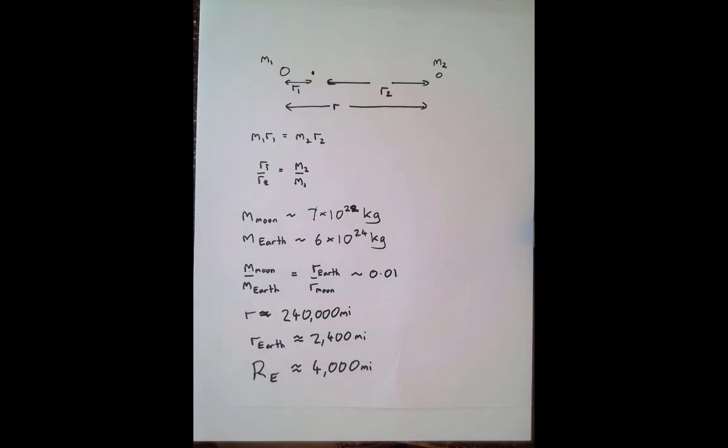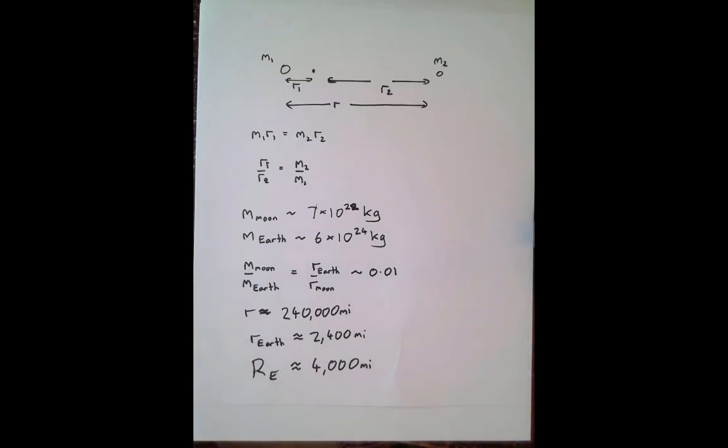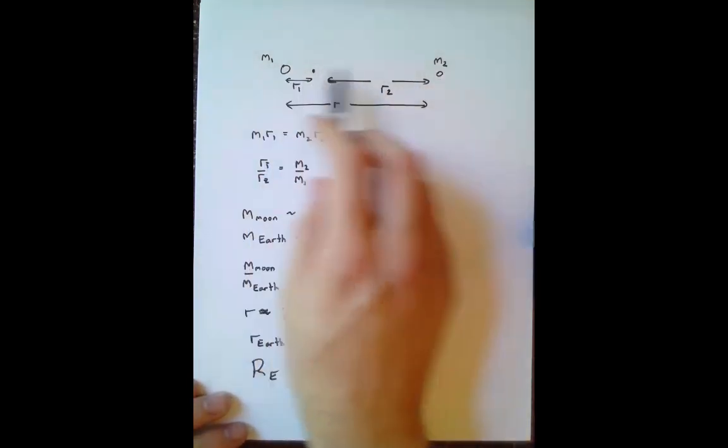Now, the Earth-Sun distance is about 10 to the 8 miles, and so the center of mass of the Earth-Sun system is only about 100 miles from the center of the Sun, and the Sun has a radius of about 1,000,000 miles, so it is way inside the Sun. Now, of course, this isn't always the case. There are many objects we will encounter, particularly binary star systems, where the masses of the two objects are much closer.